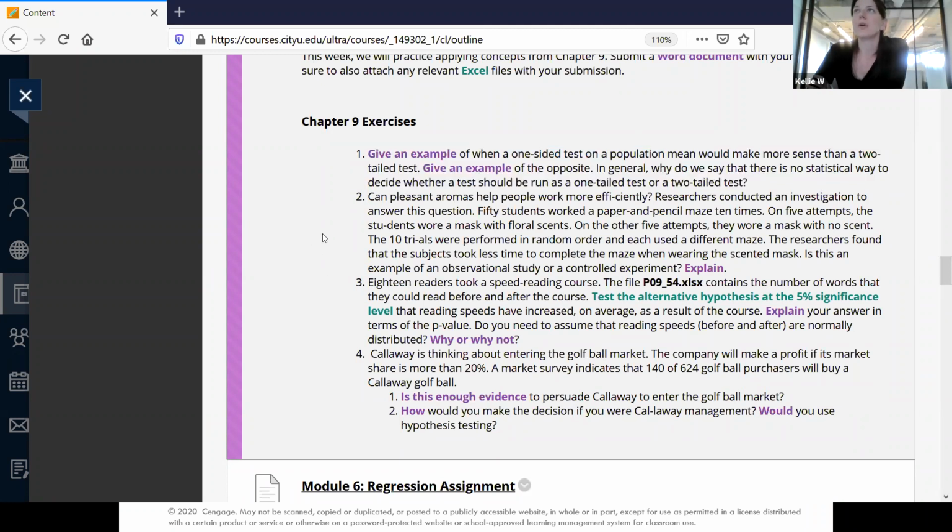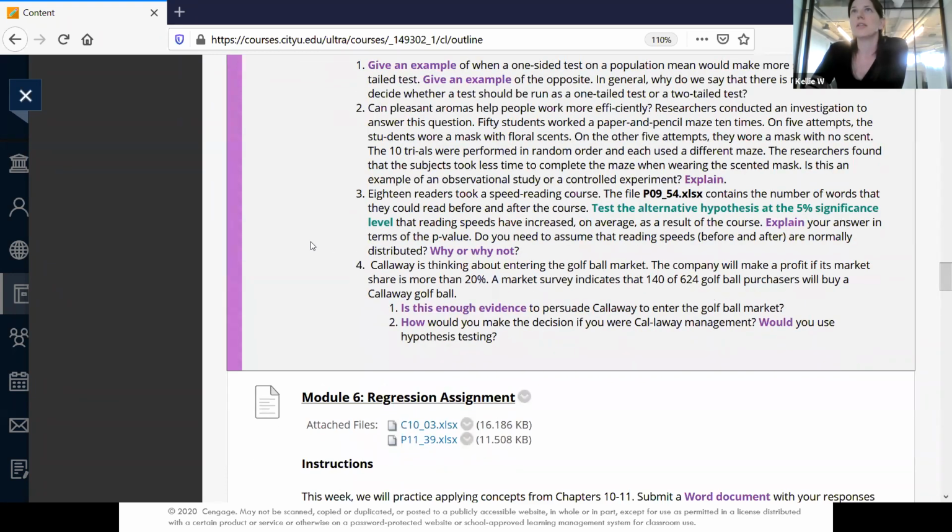You're just thinking through when it makes sense to use one over the other, or when you shouldn't. The second question is asking whether this scenario is an observational study or a controlled experiment. Again, there's some information in the textbook that will help you answer that question.